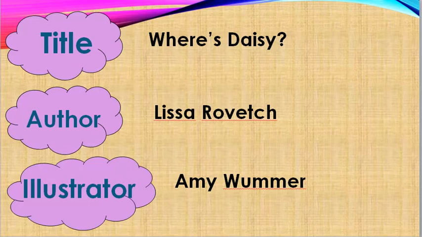The second element is the author. Remember who is the author? The author is the person who writes the story. What's the author's name for our story for today? Yes, it's Lisa Rovech. We have a new story element you have to know.